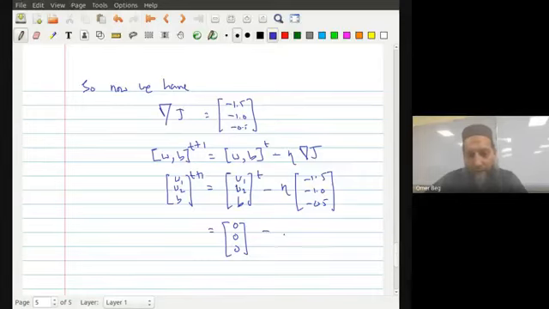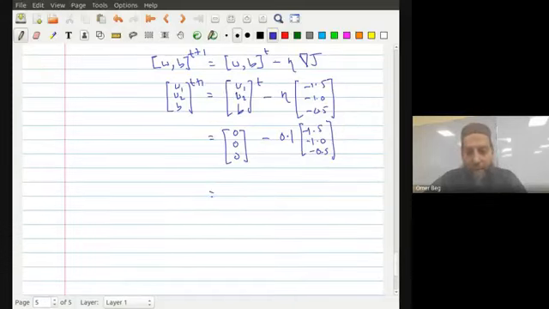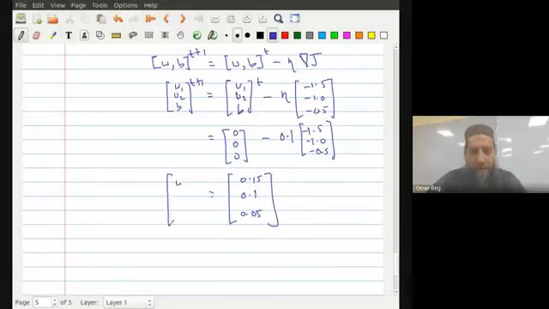And eta was the learning rate. We picked it at 0.1, and we multiplied by 1.5, 1.0, 0.5, and this becomes 0.15, 0.1, and 0.05. See, so these are the new weights W1, W2, and B at time t plus 1.